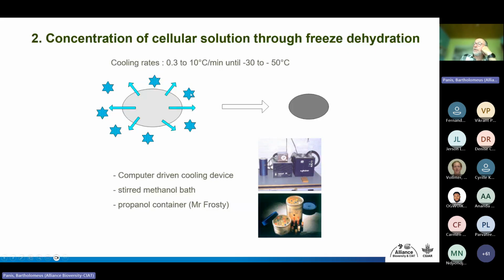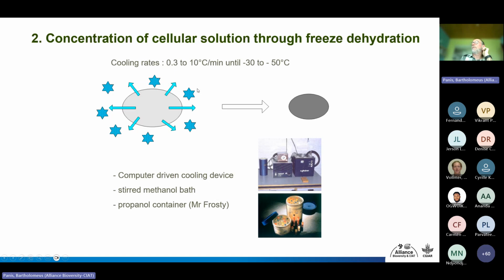But only water freezes and forms ice crystals. The remaining liquid is concentrating. And because intra and extracellular solution are in osmotic equilibrium, water will go out of the cells and will make sure that these ice crystals become bigger and bigger.